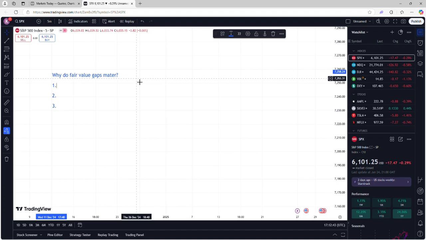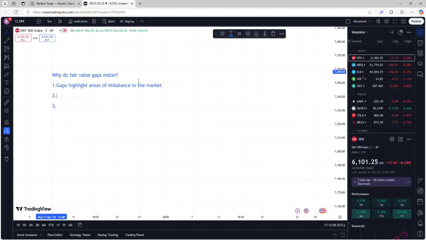Number 1, gaps highlight areas of imbalance in the market.